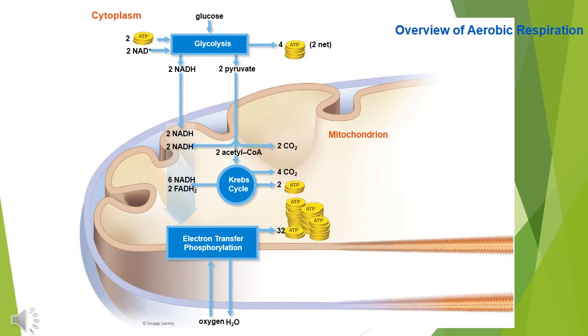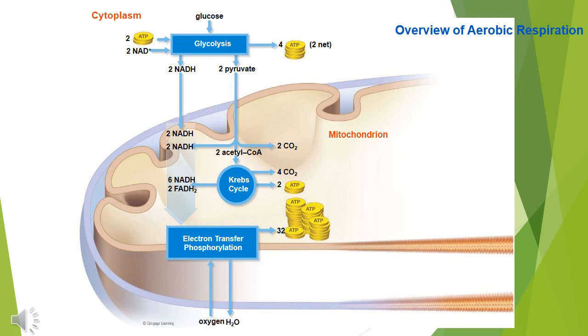As we go through this process, we are going to get rid of 4 CO2 molecules. We're going to have those released, and 2 more ATP molecules. And so this whole process thus far has given us a total, along with the electron transfer phosphorylation happening, of 32 ATP molecules.